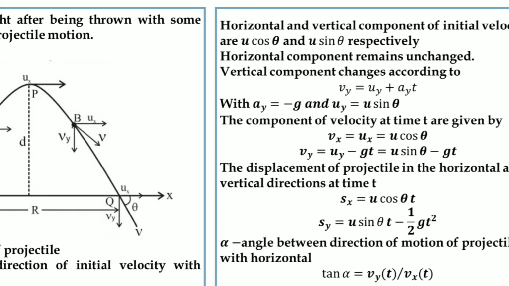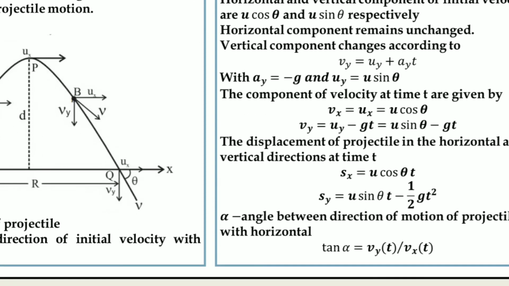So you can write Vy is equal to Uy minus gt, which is u sin theta minus gt, and Vx is equal to Ux because the horizontal component of velocity is constant. So it will be u cos theta, and Vy is equal to u sin theta minus gt.